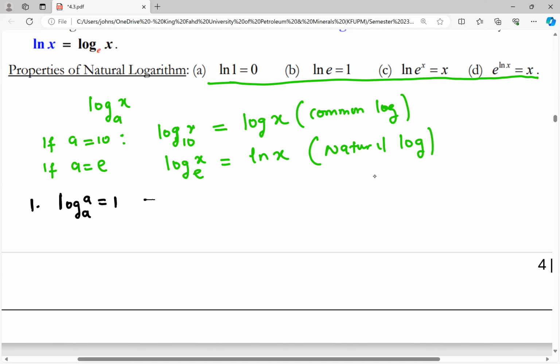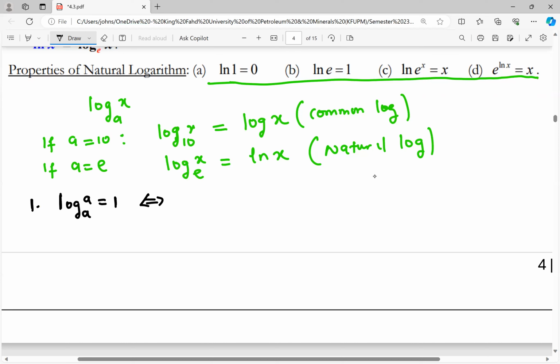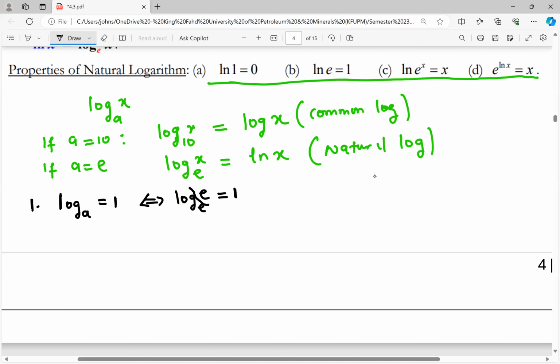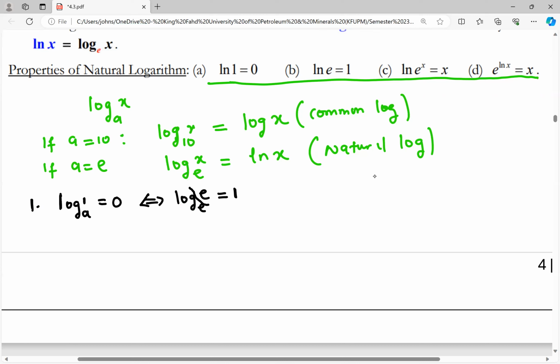Now if you change a to e, you will have log to base e of e equals 1. The first one is log to base a of 1 is 0. Replacing a with e, log to base e of 1 is also going to be 0, because this is for any a.